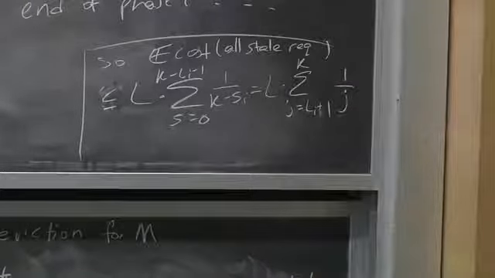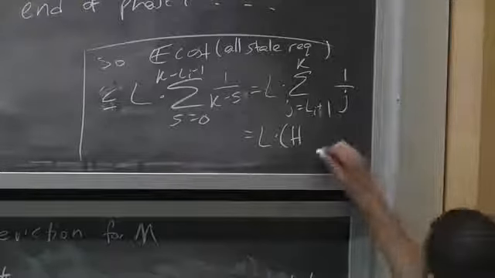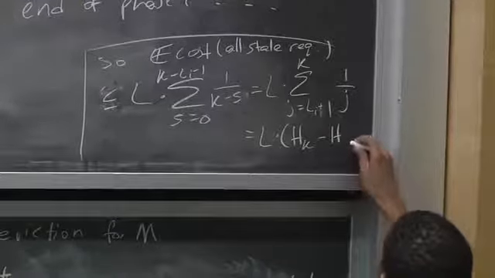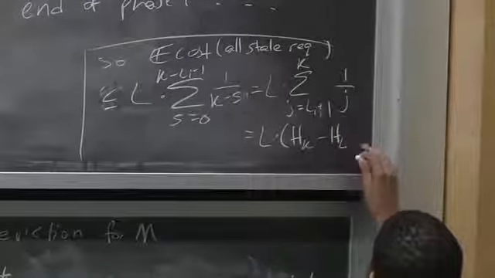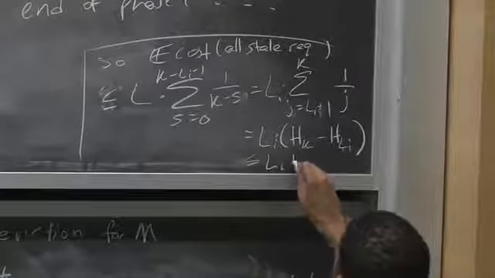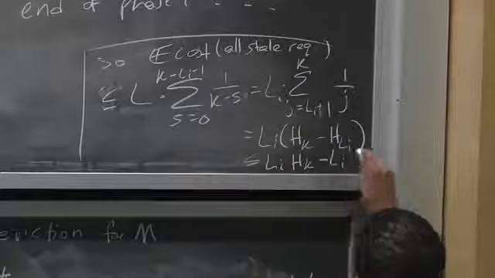Right, so when s is 0, this is 1 over k. When it's this, it's li plus 1. And this is exactly equal to L times the kth harmonic number minus the lith harmonic number, which is certainly at most L times H_k minus li.